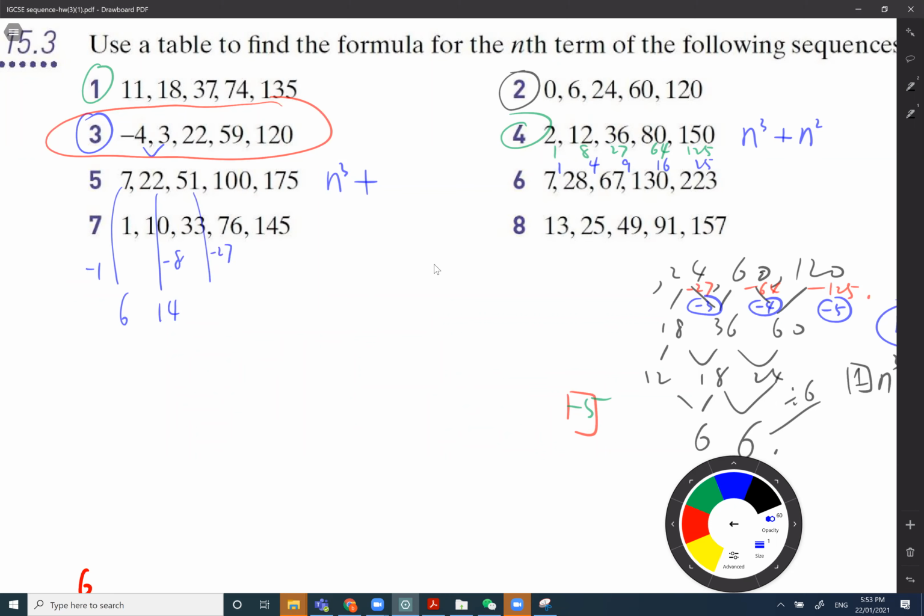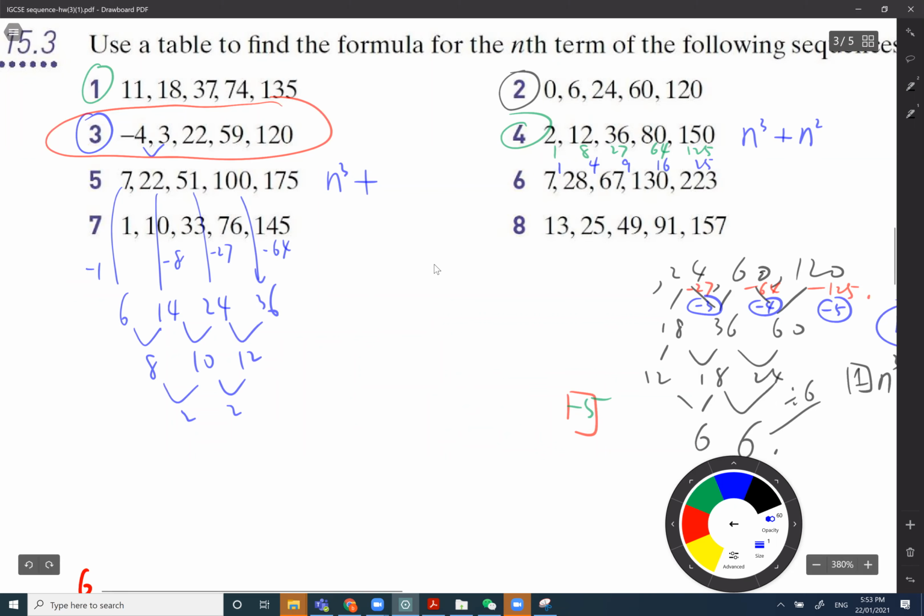We got 24. Minus cube number, 36. What's the difference? 8, 10, 12. The remaining part is quadratics, right? This equals 2a, a equals 1, so n squared.